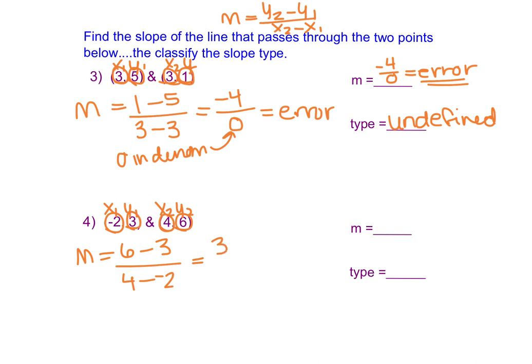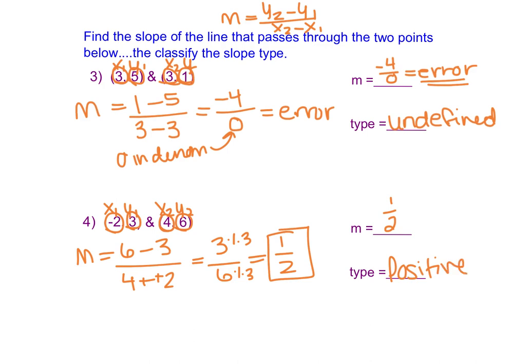And then the denominator we use keep, change to get 6. So we end up simplifying that by dividing both the numerator and the denominator by 3 to get 1/2. So my slope here is a positive 1/2. Because our slope is a positive number, our type is a positive type slope.